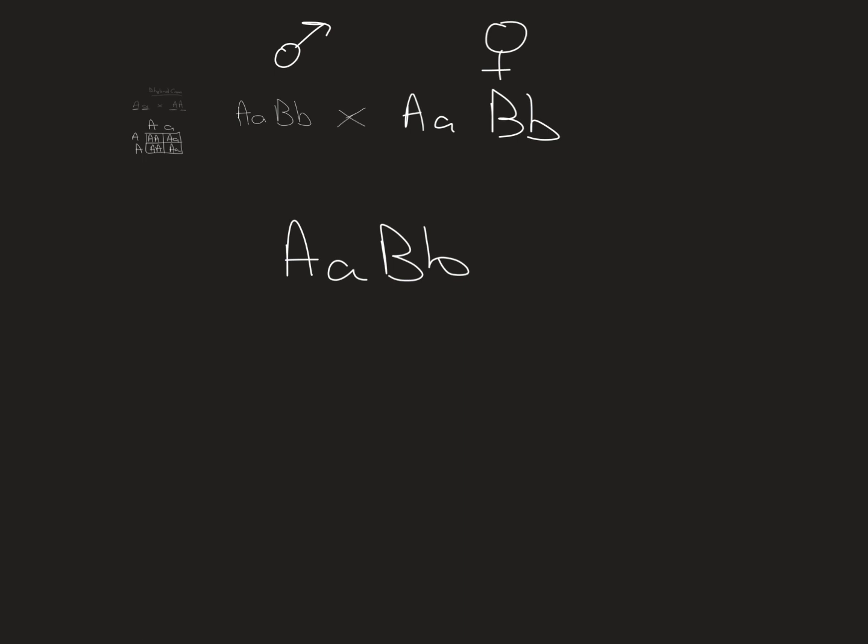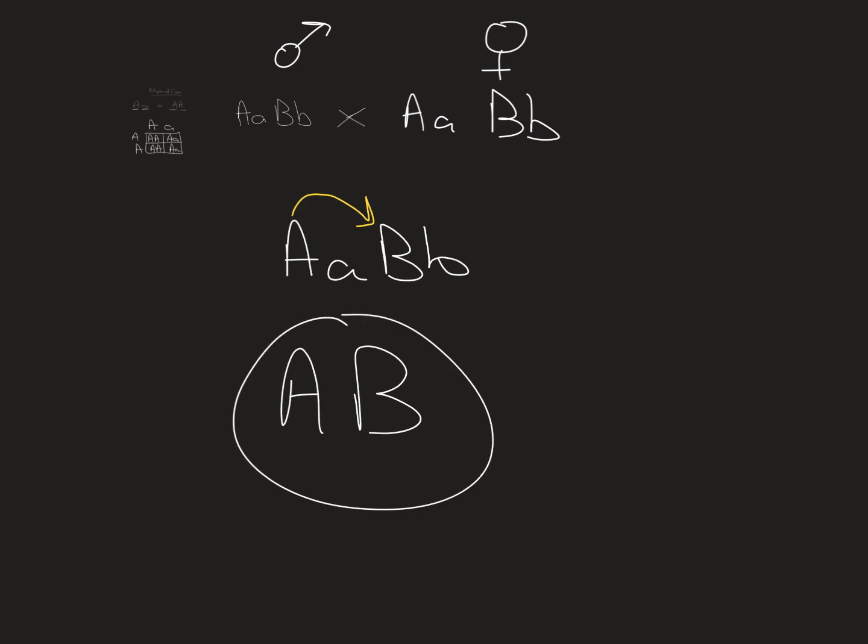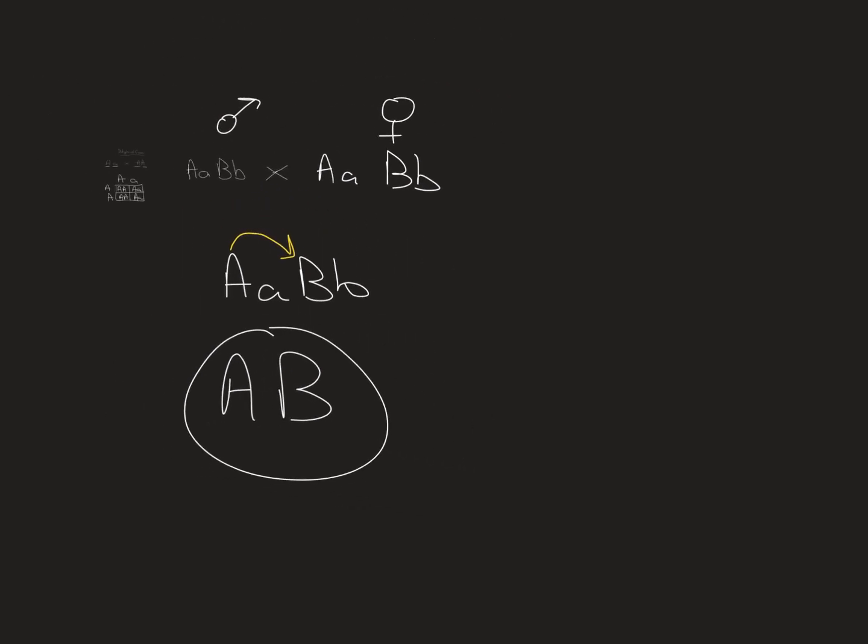First, just like in algebra, we go first, so you can make big A, big B. That's one kind, right? That's one gamete. You can take and make a big A, little b. That's another gamete, correct?